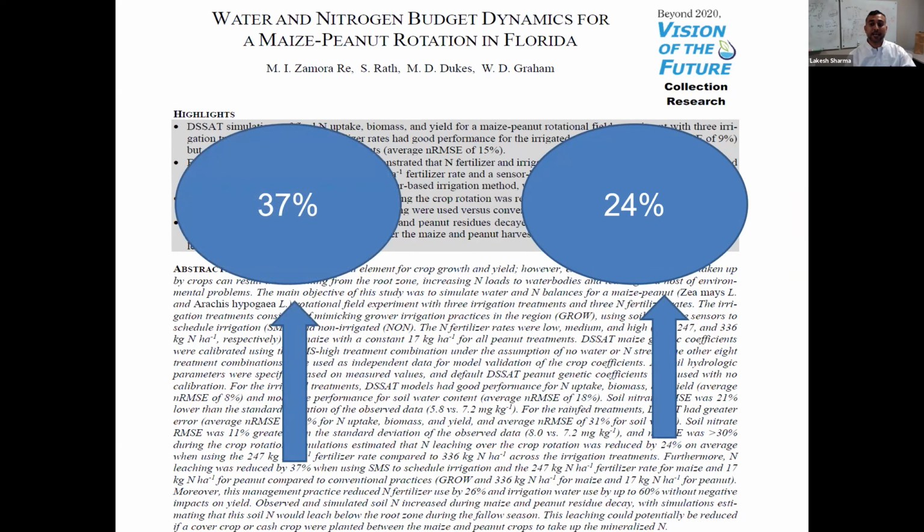And if you see, in both cases they were able to reduce the nitrate leaching, by 24% using a DSSAT model, and 37% using soil moisture, soil water sensors in corn. So these are some of the modeling techniques being used in Florida that have shown promising results to reduce nitrate leaching.